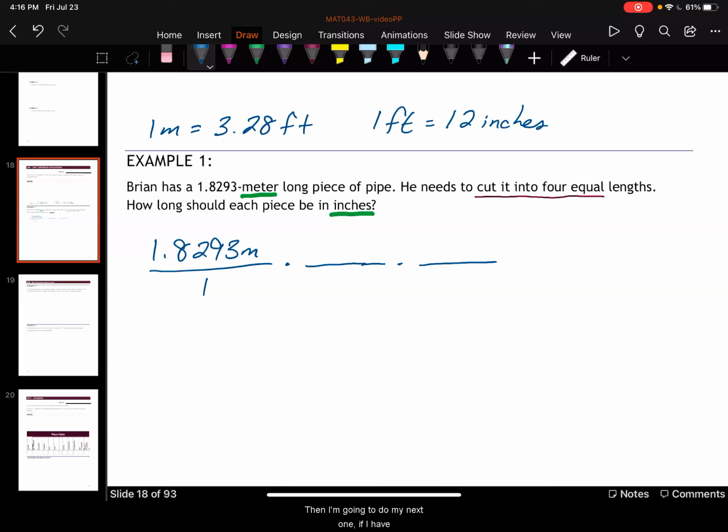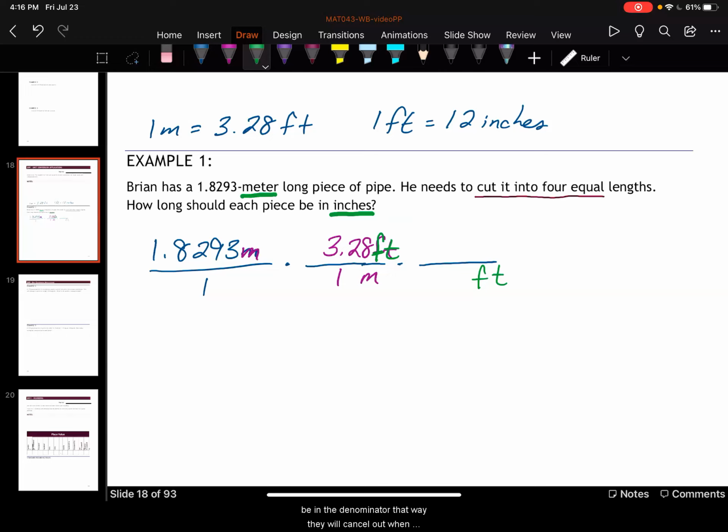Then I'm going to do my next one. If I have meters in my numerator, then when I do my next one, I need meters in my denominator. So we have 1 meter, and that would be 3.28 feet from that conversion fact. So now I have feet in the numerator, so when I do my next one, it'll need to be in the denominator.